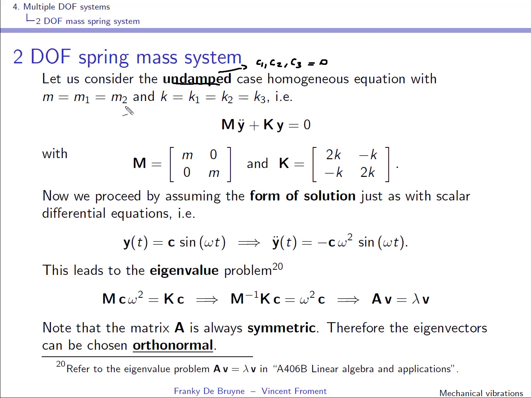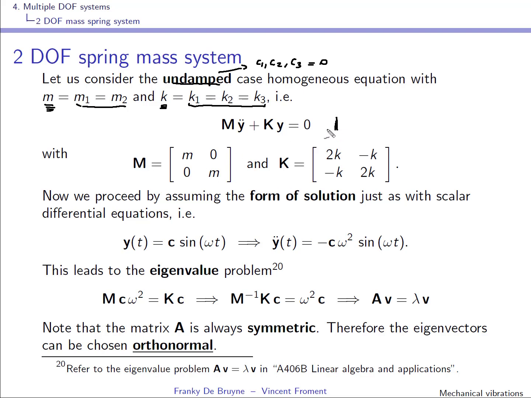We'll say that the two masses are equal and we'll call it M. And we'll say that all three spring stiffnesses are equal and we'll call these K, right? So then you can write the system with this equation, okay?